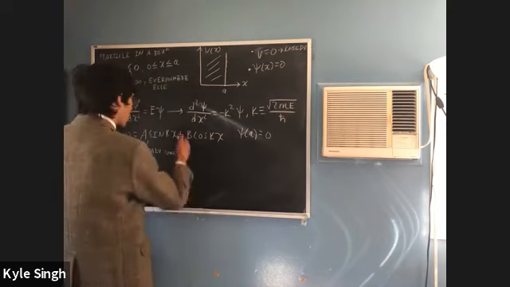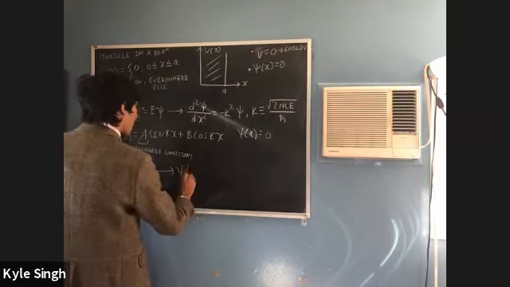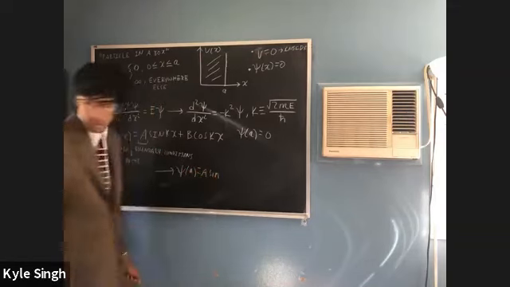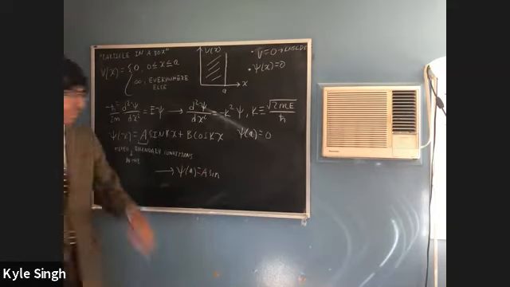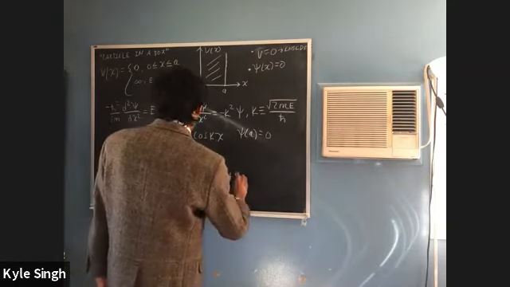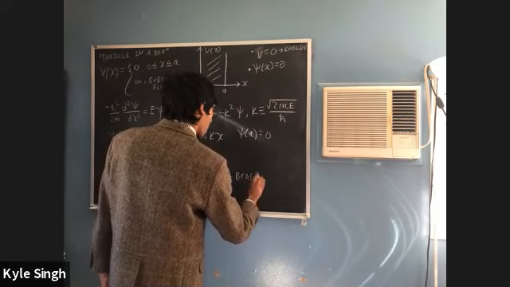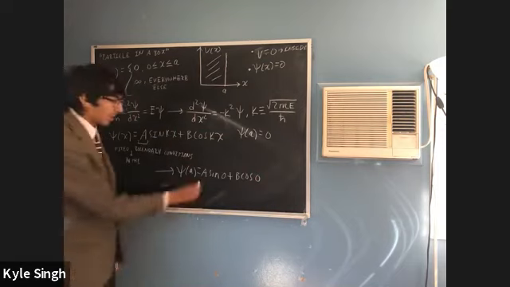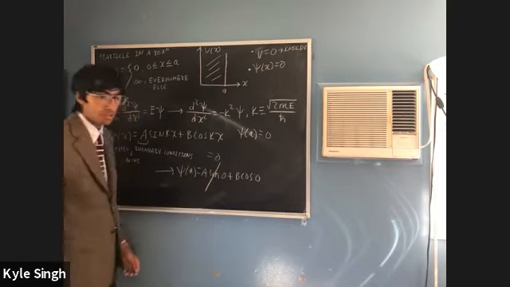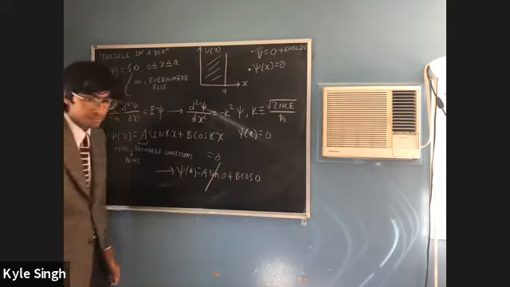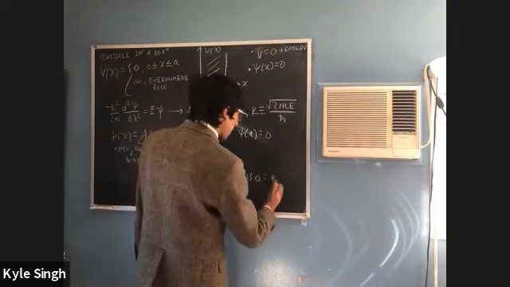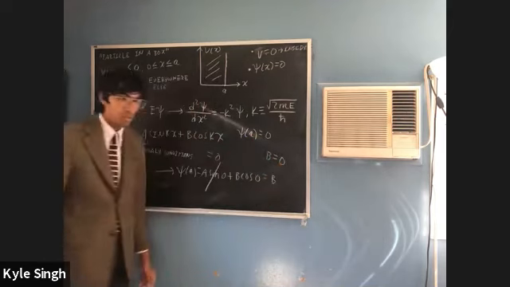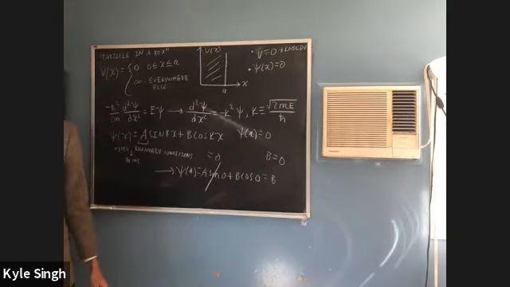So now I can rewrite the boundary condition as psi of 0 equals A sine 0 plus B cosine 0, just plugging in the boundary condition. The sine term will drop because it's sine 0. The cosine term will be 1. So I get B. Psi of 0 equals 0, therefore my first boundary condition gives B equals 0. Okay, that's done.